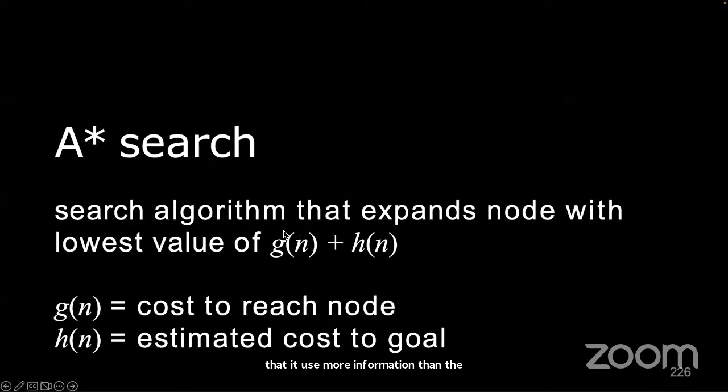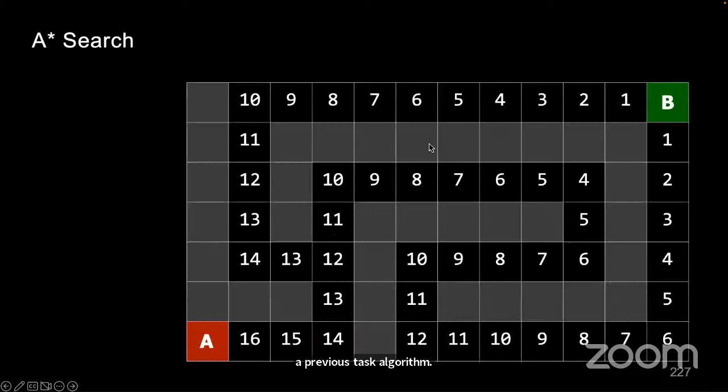It uses 2 pieces of information. One is the cost to reach a particular node, which was ignored by the previous search, and another one is the estimated cost, which is similar to the previous search algorithm, where we need to use a heuristic function. Now we will see how the A-star search algorithm works.